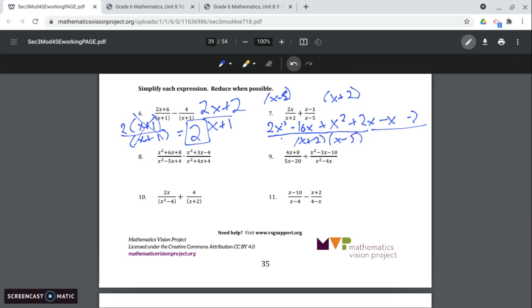Combine like terms. 2x squared plus x squared gives us 3x squared.